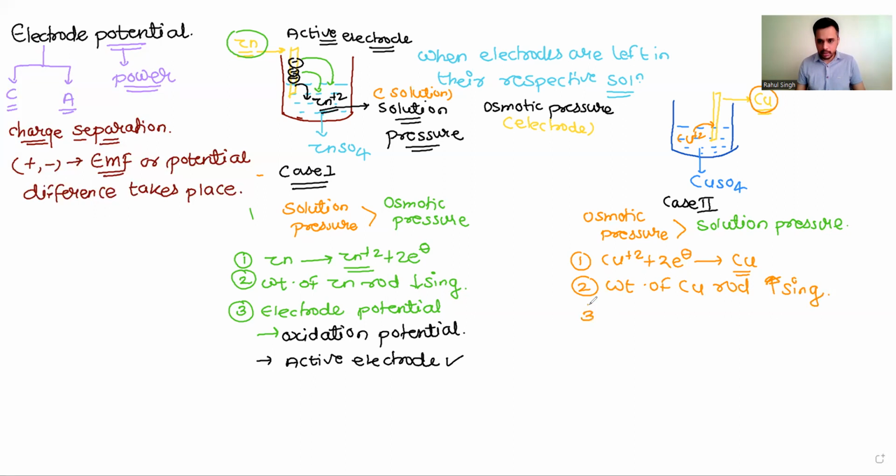And the third thing that is very much important, the electrode potential. We observe over here the electrode potential, this is a very important part. That is a reduction potential. So the observation, reduction potential, this is also an active electrode.